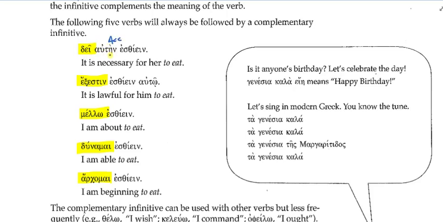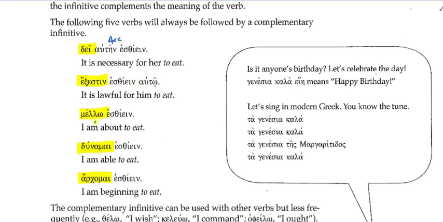It's necessary that she eat, or it's necessary for her to eat. If I say it's necessary, I'm looking for an infinitive to complement that. Exestin means it is lawful. What is lawful? Well, whatever the infinitive is that goes with it. Exestin means it's lawful to do something. And here I have my infinitive following. It's lawful for him to eat.